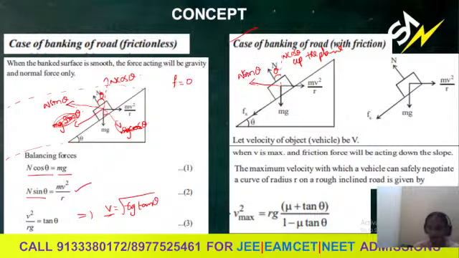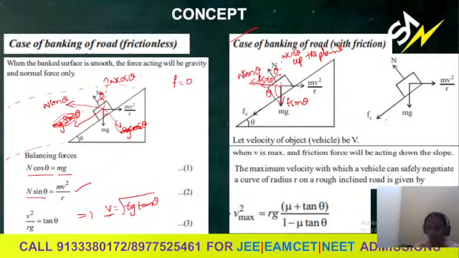Here the frictional force, which is acting down the plane, also makes angle theta. The adjacent side will be f cos theta and the opposite side will be f sin theta. You can see the free body diagram here also.